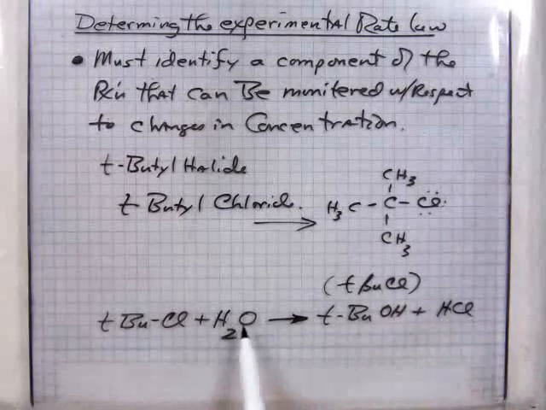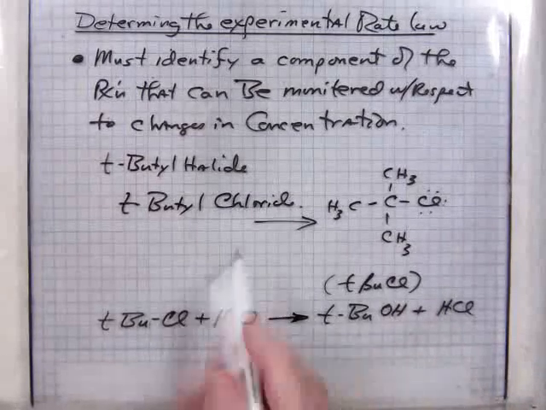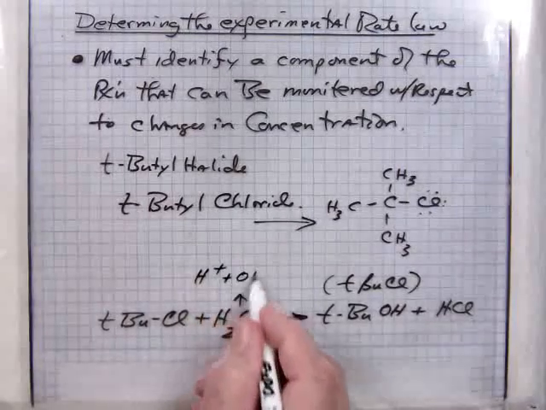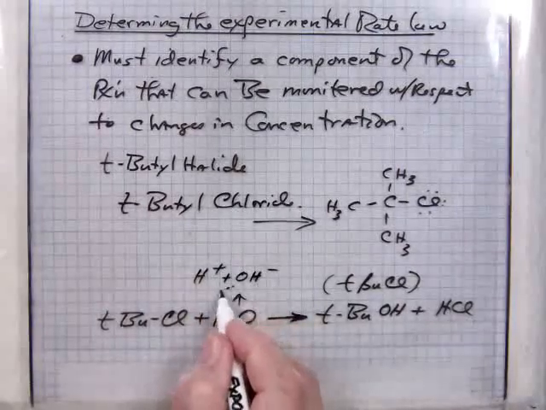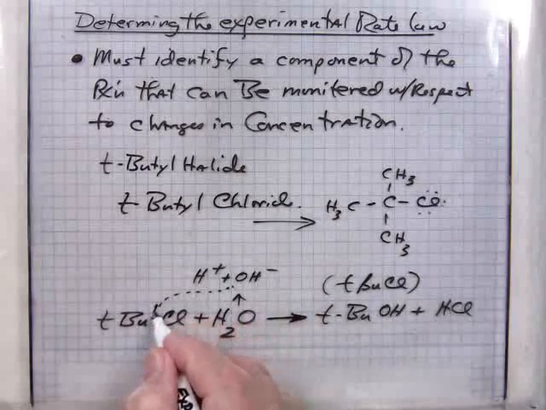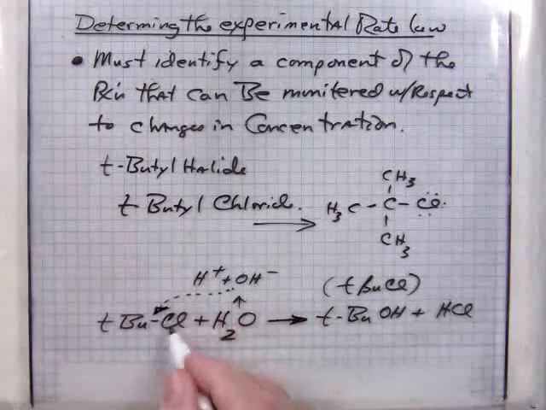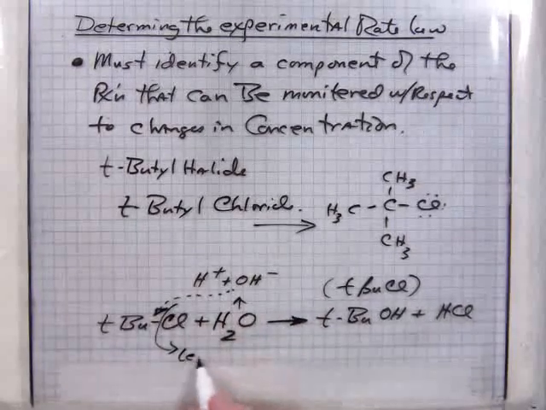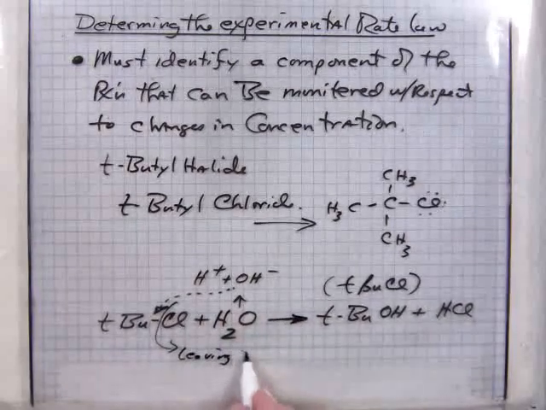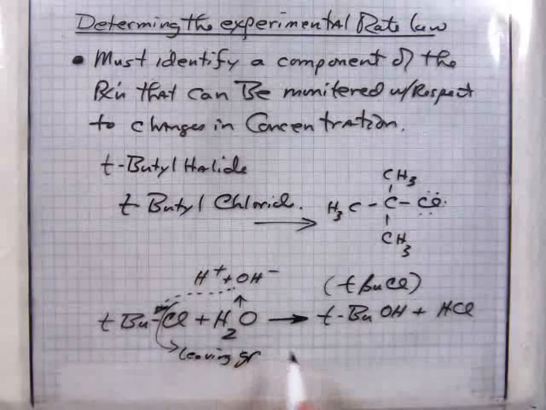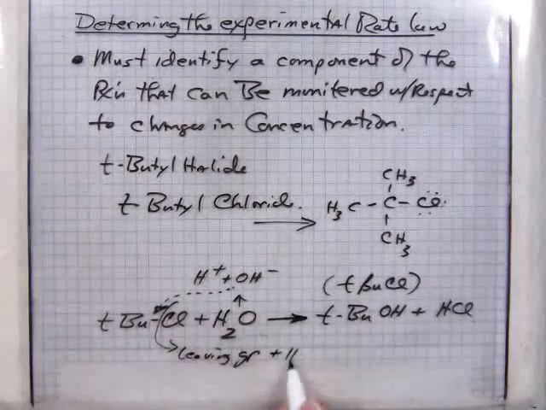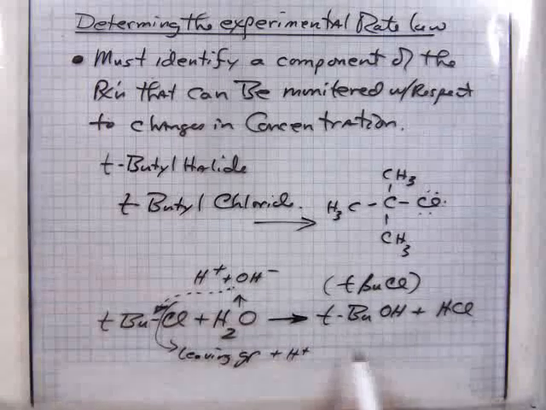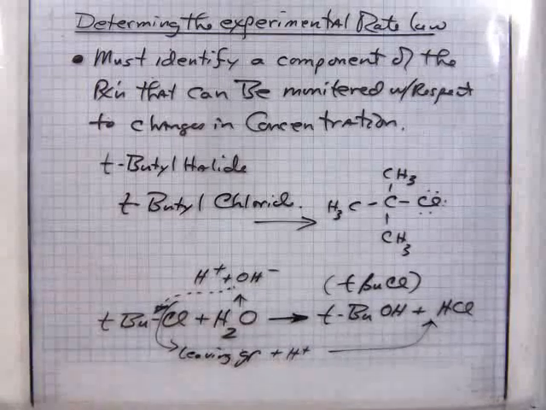The OH group from water, because that ionizes, is strong enough to replace the chloride. And so the chloride comes off as a leaving group and connects up with the hydrogen left behind from the OH. That ultimately gives you the HCl.